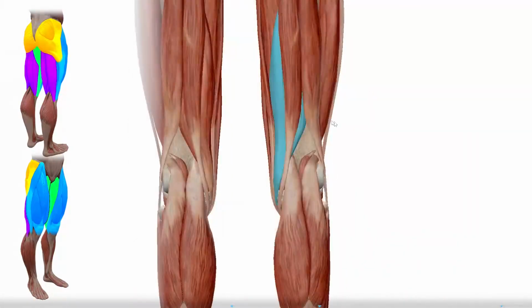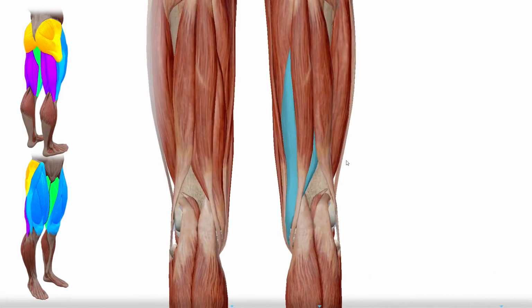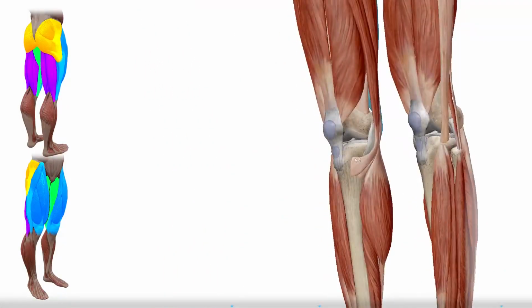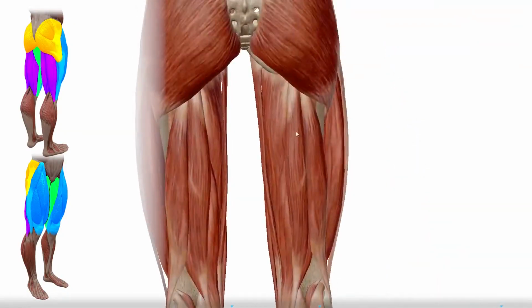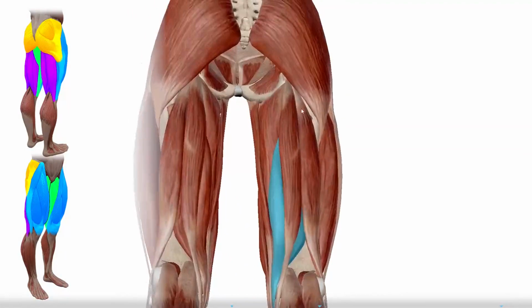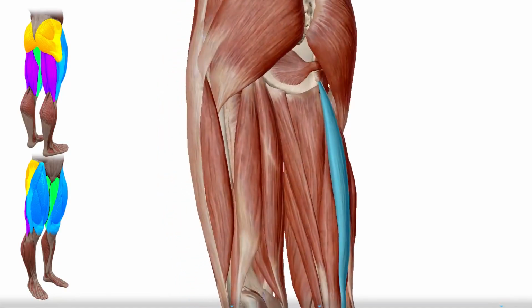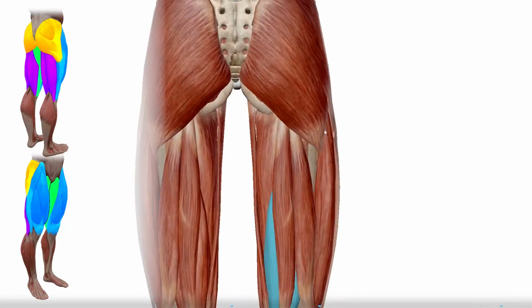And then finally, towards the inside of the leg, the semimembranosus is going to attach onto the inside portion of the tibia, and at the top, we can't really see it from here, but it's a very similar spot to the semitendinosus. So the attachment point is going to be very similar for both of them. So that's on the hip bone.